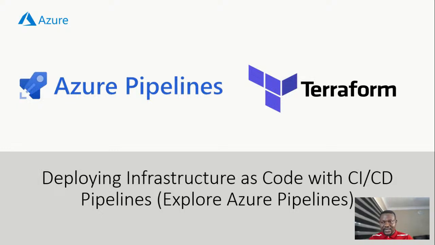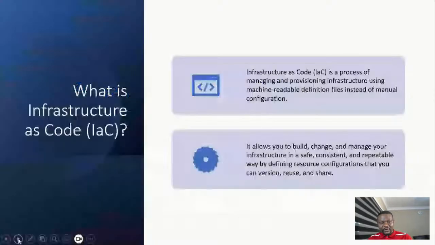So let's carry on. Before I move on, we have been hearing of infrastructure as code and CI/CD pipelines. But a lot of you might ask the question, what is it all about?